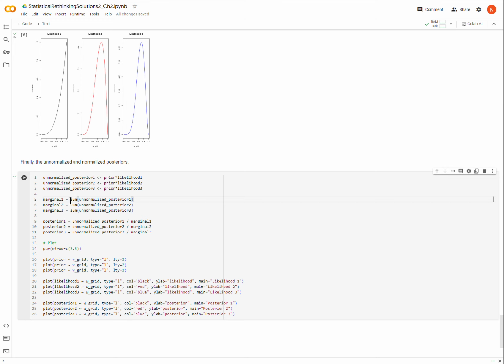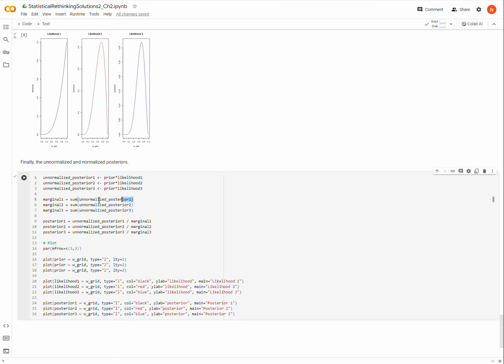For marginal 1, for the first set of observations, we take the unnormalized probability for every value in W grid and add all those together. Our normalized posteriors are then the unnormalized posterior divided by the marginal for that. And then I'm going to plot that.